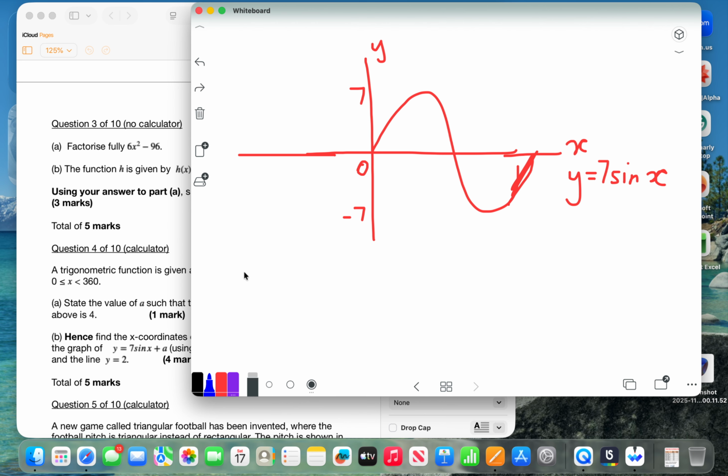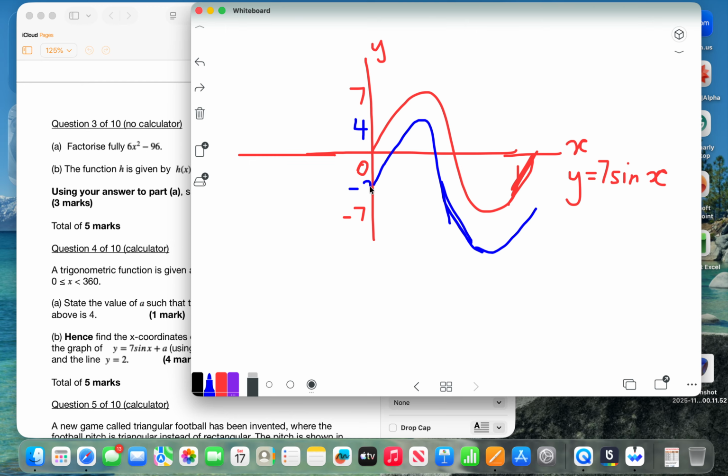So if we go down by 3 and we keep the same shape, the whole thing's then shifted down by 3. So the maximum is 4.